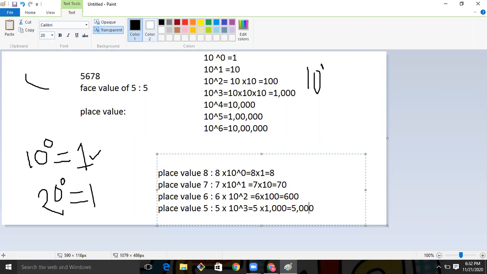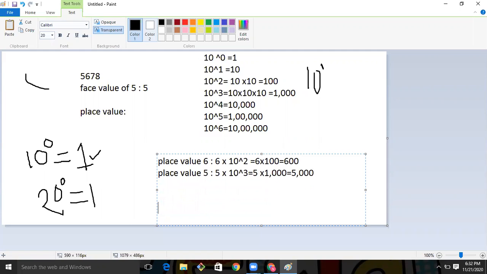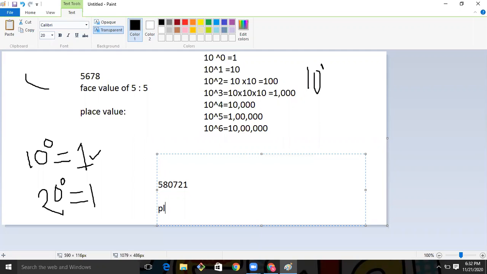Now I will give another number. You can tell me the next one. 580721. Now tell me the place value, very important. Place value of 7. Tell me, what is the place value of 7? First we have to take the digit.